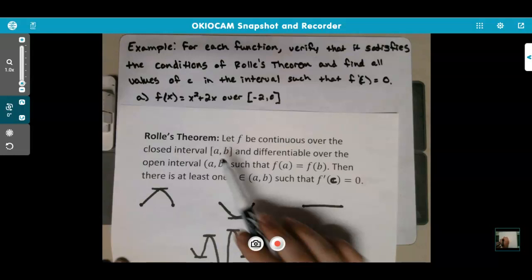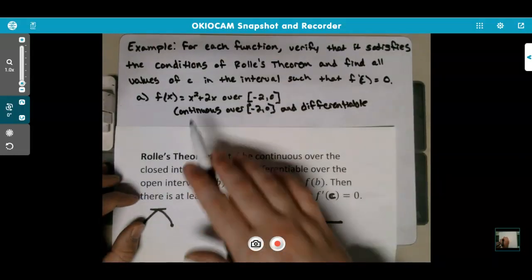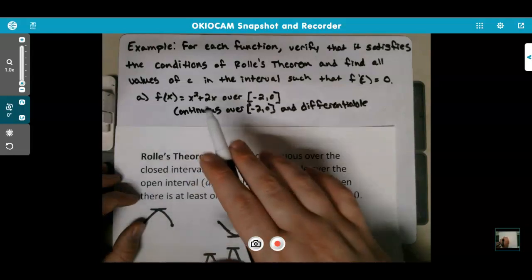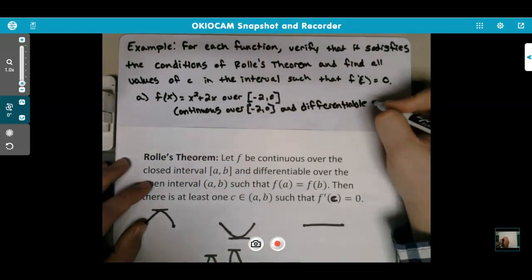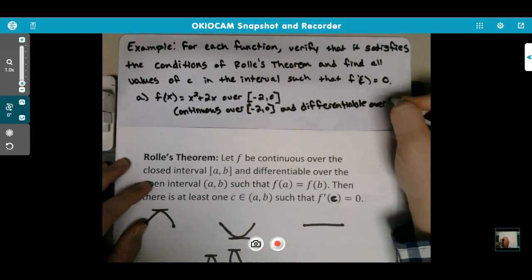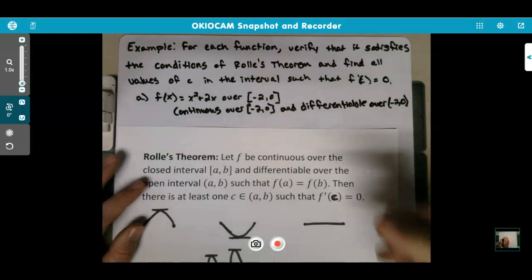And I can tell that it is differentiable, which is another condition. Differentiable from a to b, because I can take the derivative and plug in anything I want to. So it is differentiable over the interval -2 to 0. So that first part here, we are good.